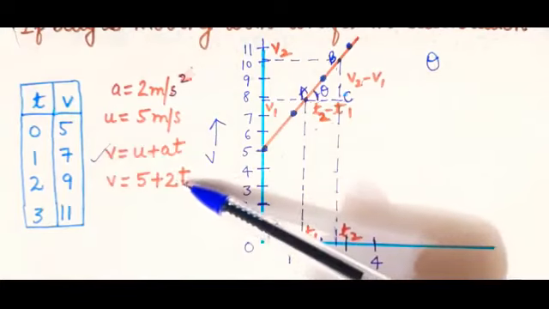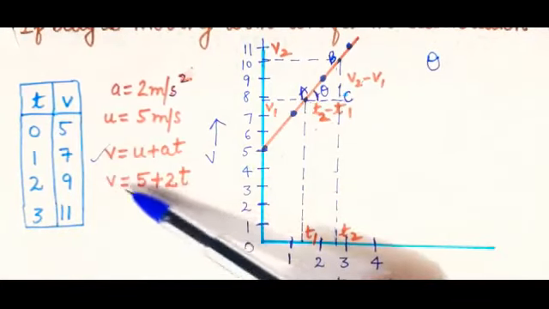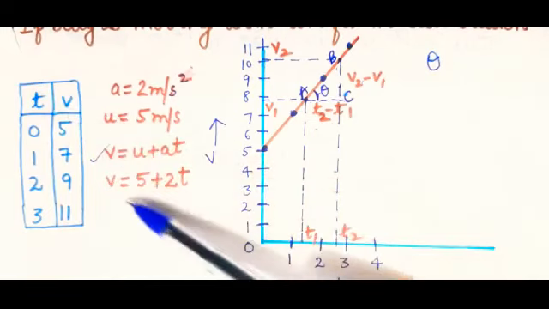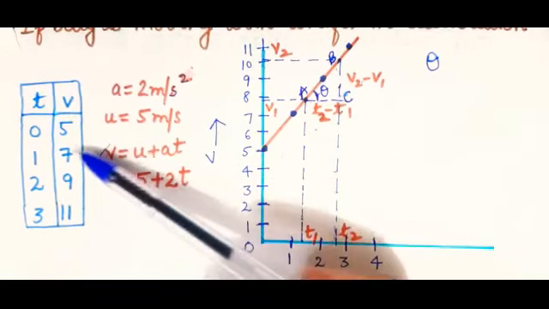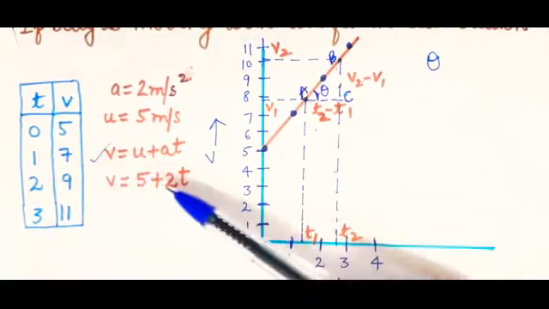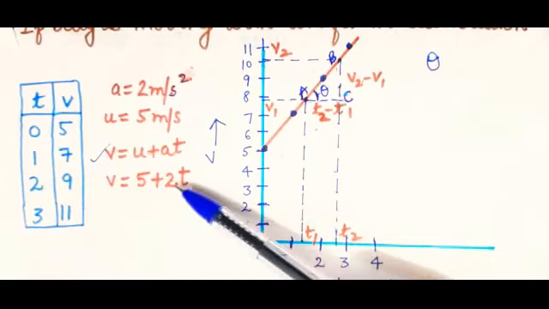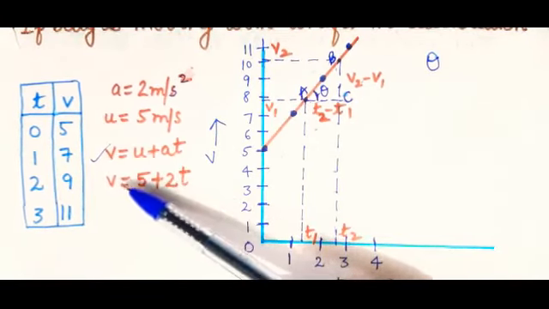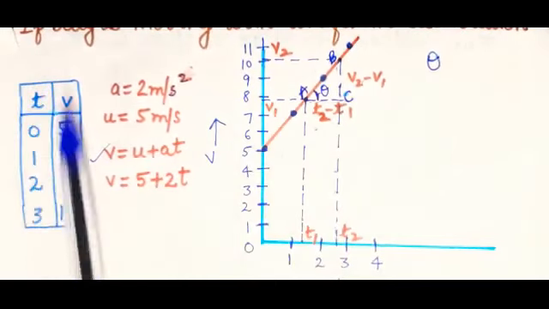Now in this equation substitute the value of t, 0. 5 plus 2 into 0, 5. So the velocity is 5. When time interval is 1, velocity becomes 7. When the time interval is 2, it will become 9. When time interval is 3, it will become 11. So you got the values of t and v.